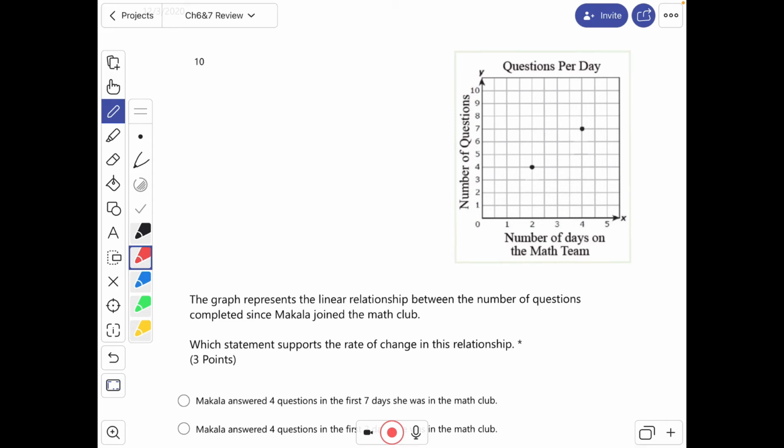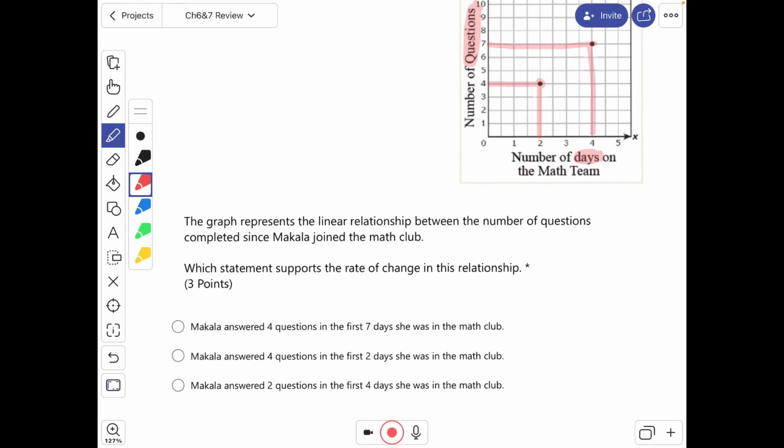Number 10. The graph represents the linear relationship between the number of questions completed since Michaela joined the math club. Which statement supports the rate of change in this relationship? So they gave us 2 dots. And this over here represents the questions, and these numbers down here represent the days.